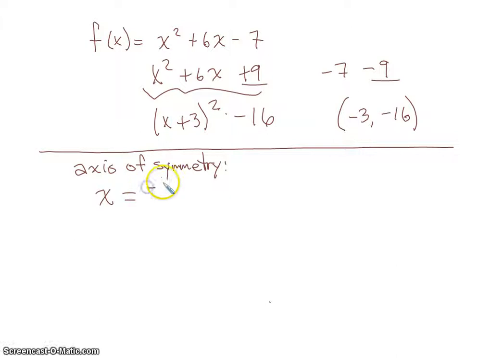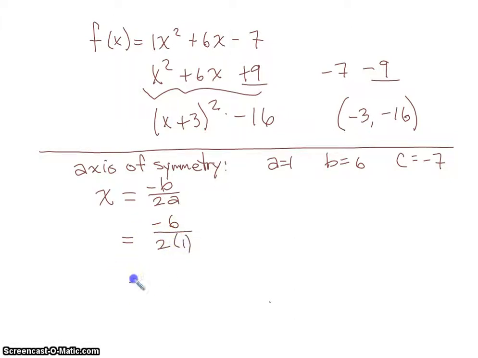X equals the opposite of B over 2 times A. And if you look back up in this original quadratic, A was 1 because the lead coefficient is 1, B is 6, and C is -7. So if we plug these numbers into this, we get x equals the opposite of 6 divided by 2 times 1. And so that's -6 divided by 2, which is -3. So we get an x value of -3. Notice that's the same thing we got earlier when we completed the square.